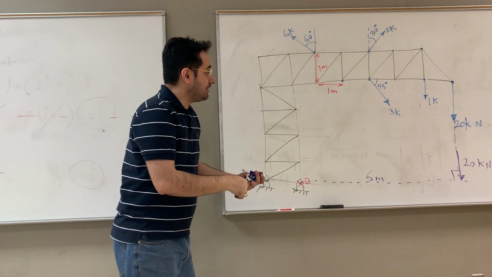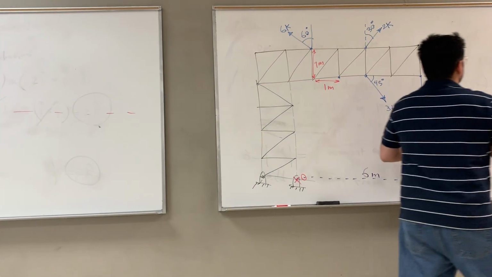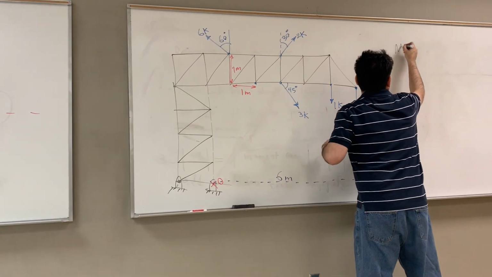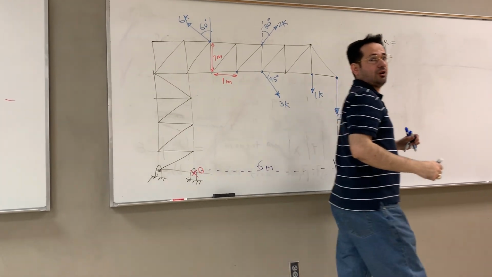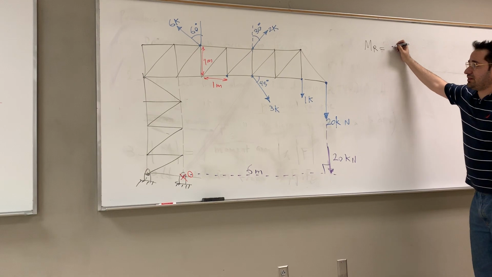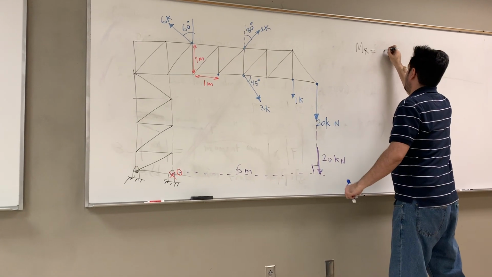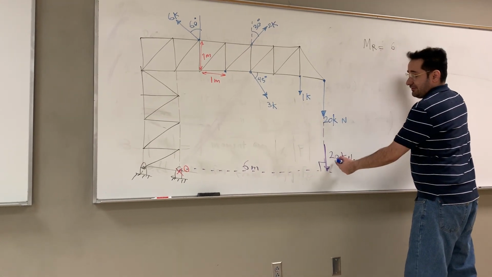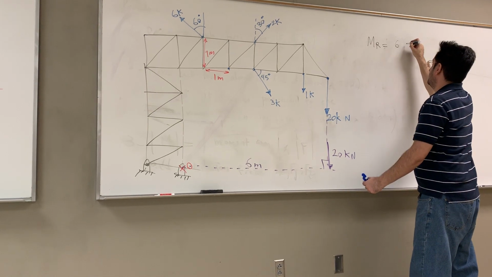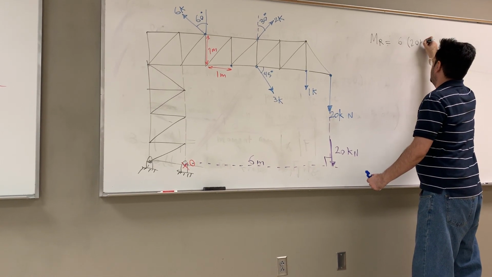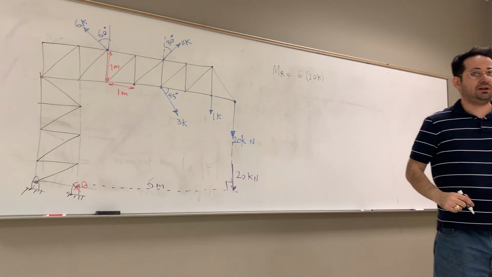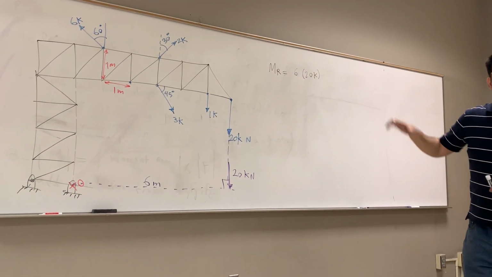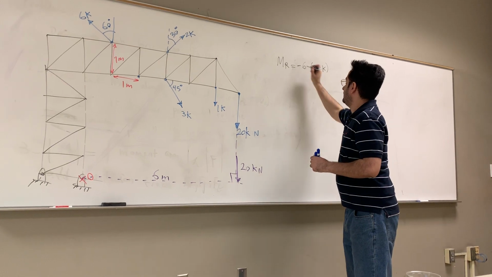So the moment coming from there, I just write it: resultant moment is equal to the moment coming from that force, which is distance 6 times the value of force, 20. Now we go to talk about direction, positive or negative. That's going to be negative, right?